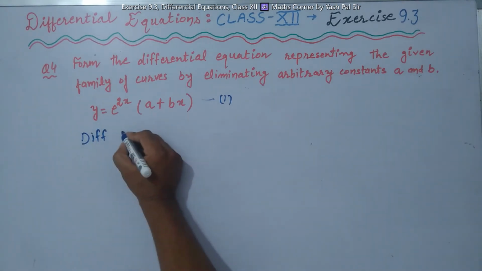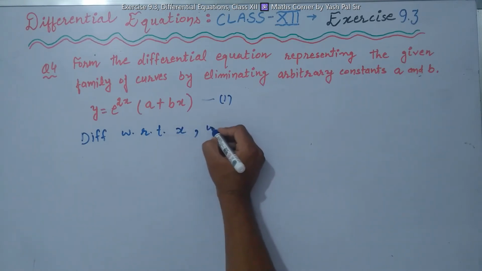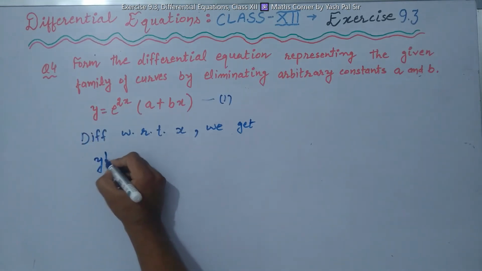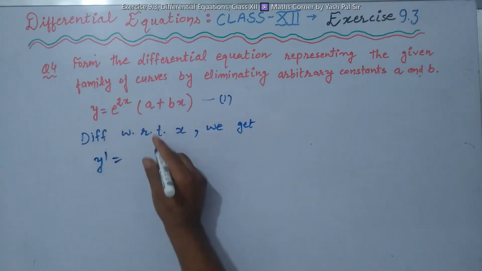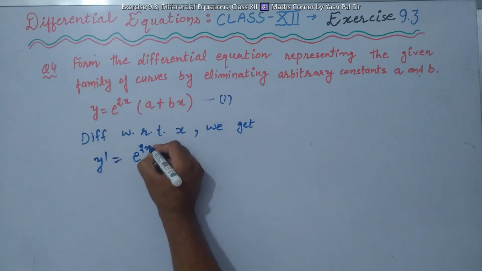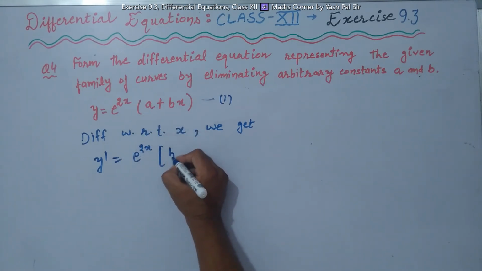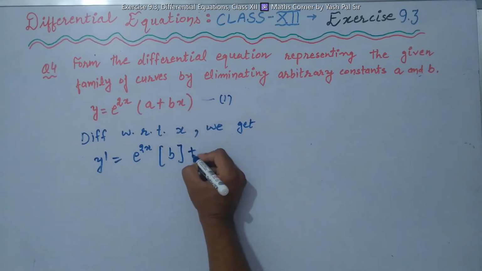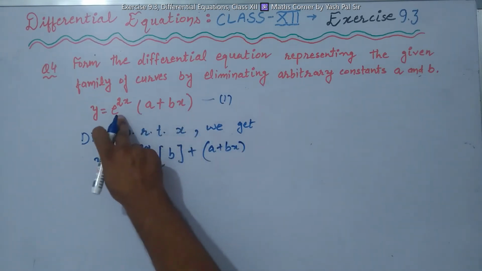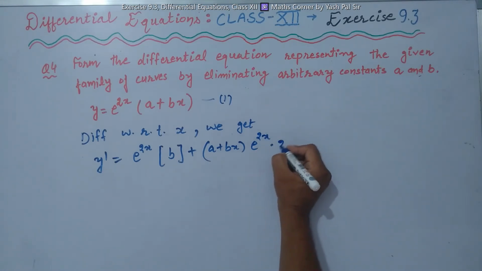Differentiating with respect to x, we get y dash is equal to, we can apply the product rule, e power 2x as it is, the derivative of a plus bx is b, plus the second function as it is, a plus bx, into the derivative of e raised to power 2x, e raised to power 2x into 2.